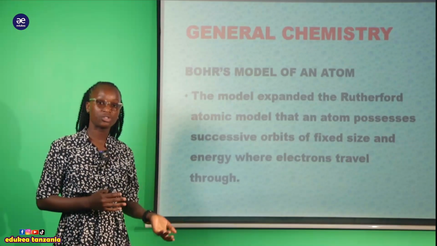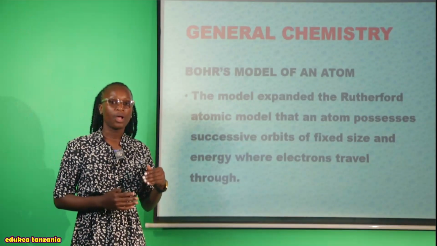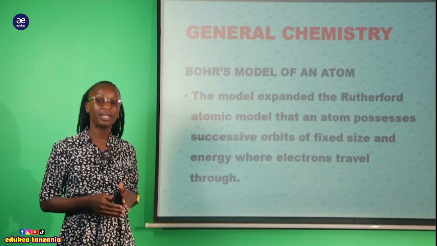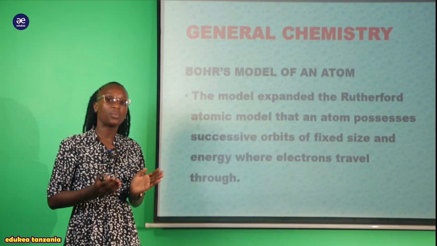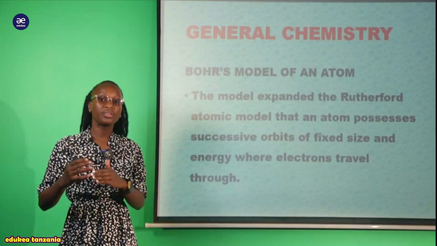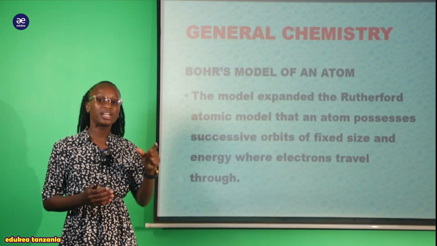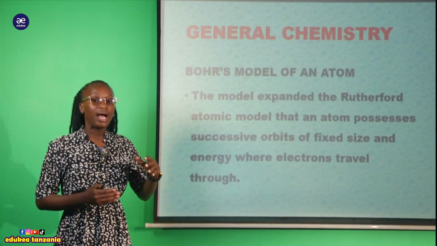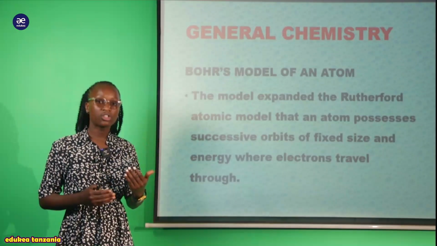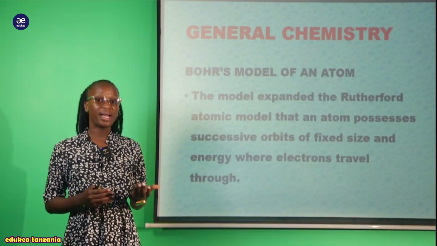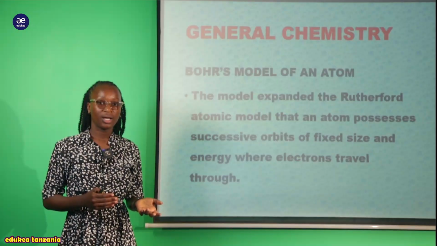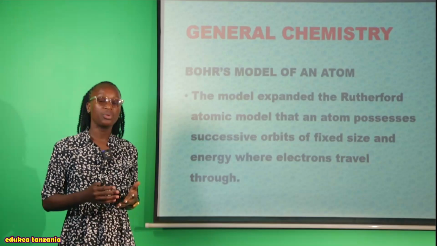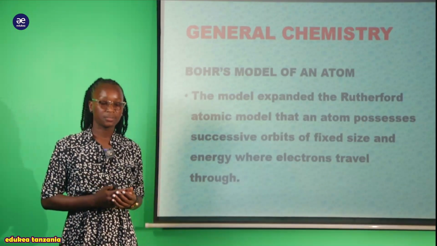Sasa tuliona kuhusiana na J.J. Thomson, tuliona kuhusiana na Rutherford ambapo alikuja na alpha scattering particle, akatumia experiment ya Goldleaf, lakini pia finally akaja kufanya relation ya the way a planet revolves around the sun and the way electrons revolve around those orbits.